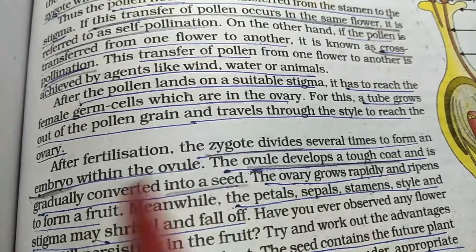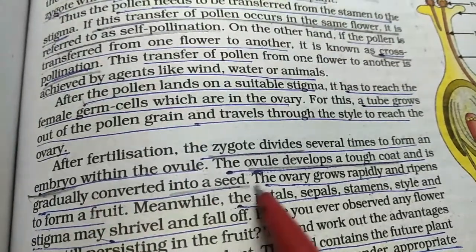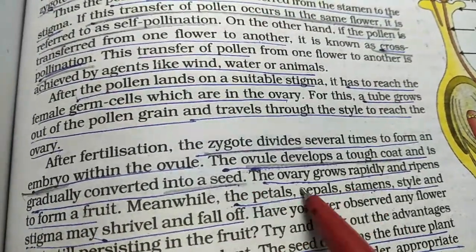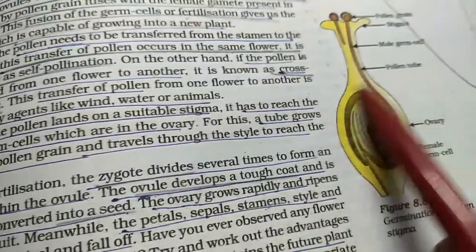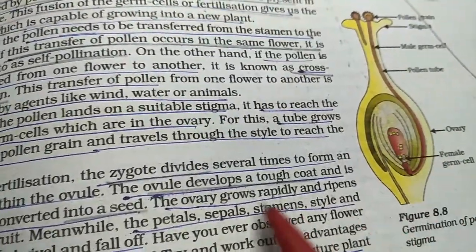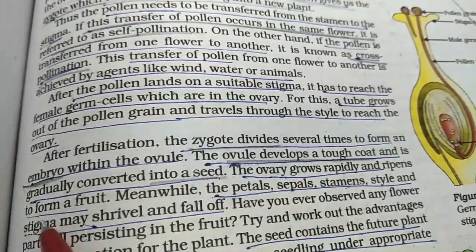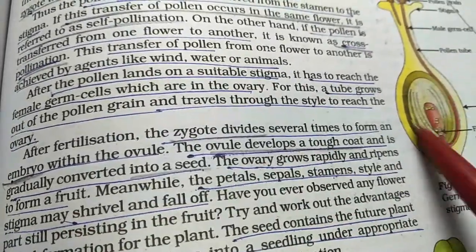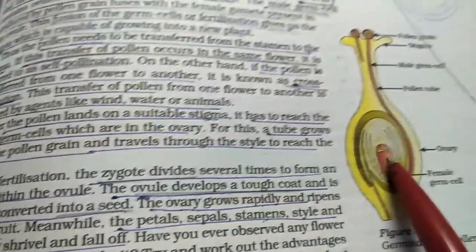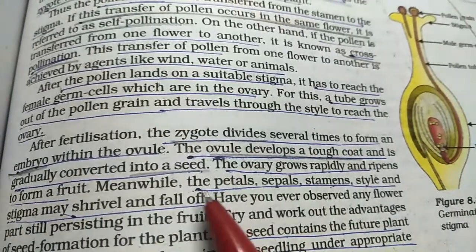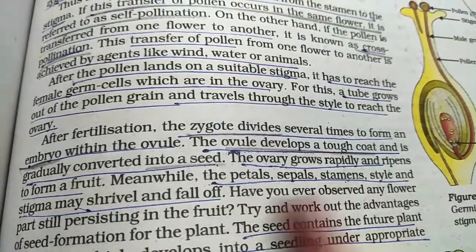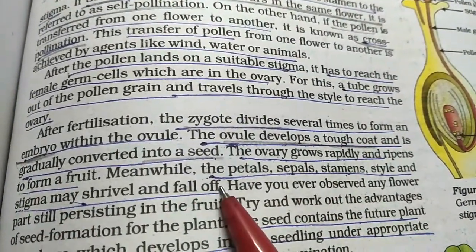So after fertilization, once the embryo is formed, it converts into seed. While the ovary, this part, rapidly grows, ripens and forms into fruit. So this part becomes the fruit and this part becomes the seed. Meanwhile, the petals, sepals and stamen shrivel and fall off.